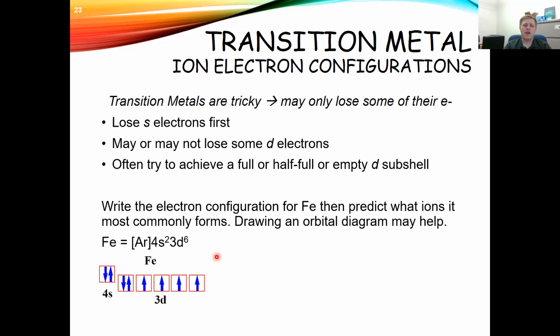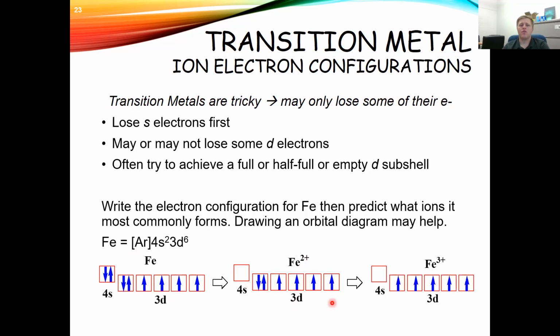And so iron will gladly give up its valence electrons to form the iron 2+ ion. But you'll notice now it's also really close to having a half full 3d subshell. It could just give away that extra electron and become iron 3+ and have an electron configuration like this.